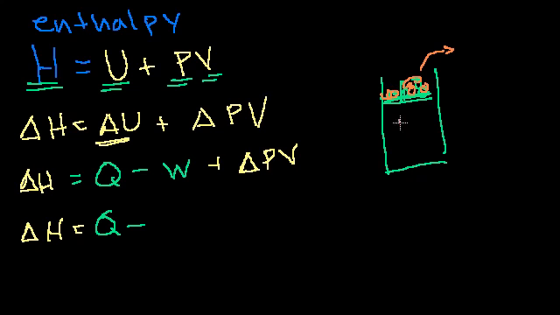You have some pressure being applied up here, and this piston is going to be moving up, and your volume is going to increase. And we showed multiple videos ago that the work done by the system, which you can kind of view as the volume expansion work, is equal to pressure times change in volume.